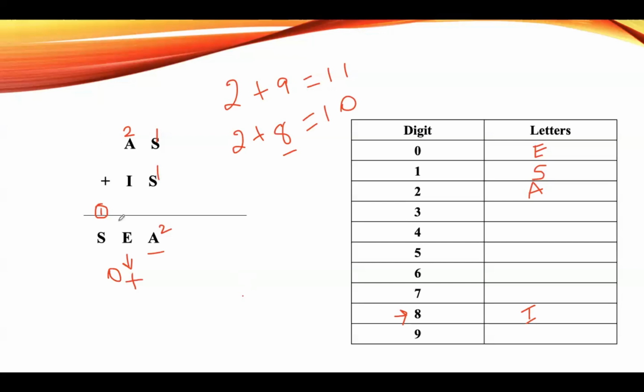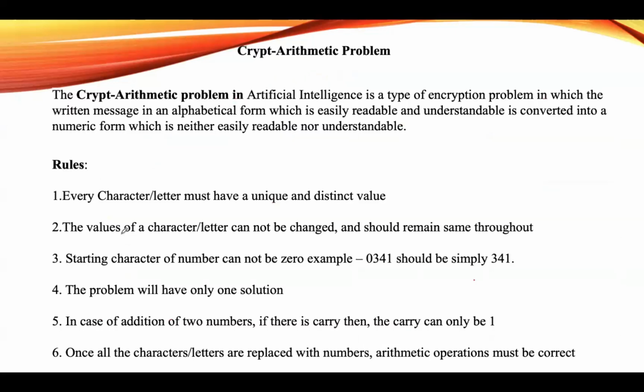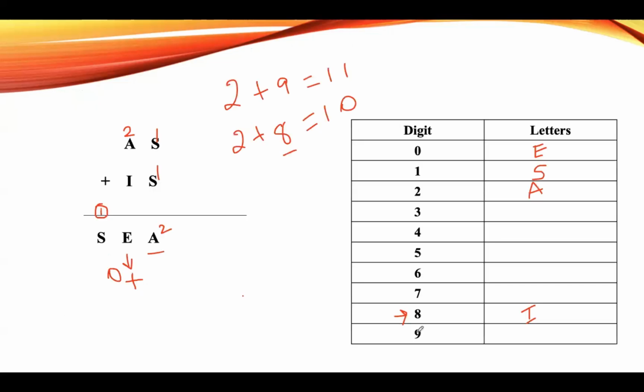Once all the characters are replaced with numbers, you need to check whether the arithmetic operations are correct or not, that is, whether after calculating you are getting the right result. Let us check that. Here we have 2, 1 and I value is 8, 1.